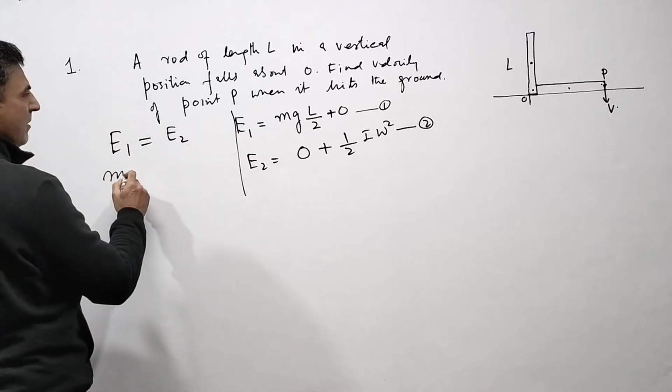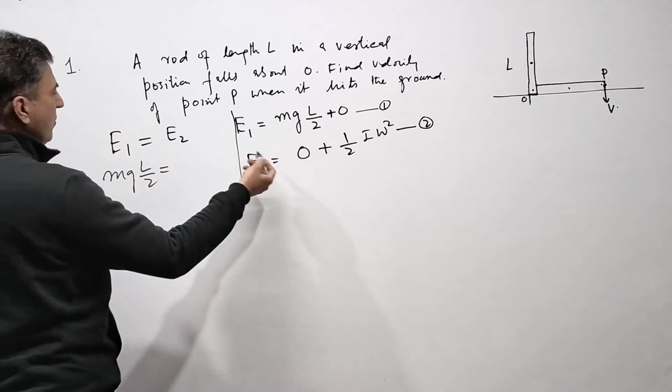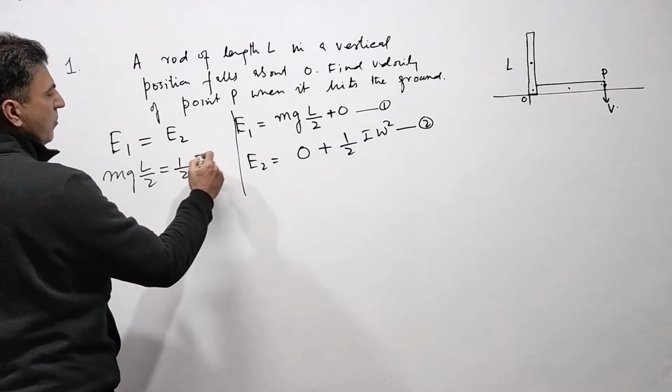So mg L by 2 is equal to E2, that is 1 by 2 I omega square.